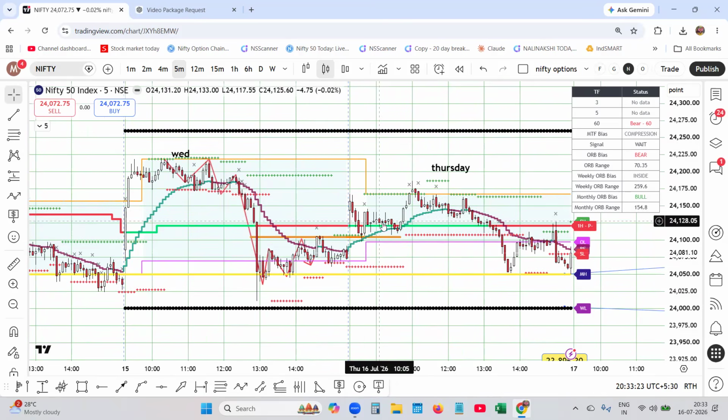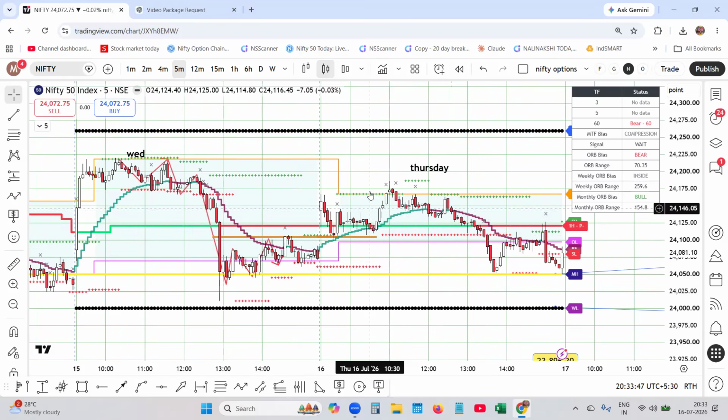after that it started coming down. The opening range was plotted over here, but the swing high also simultaneously starts plotting. You can see the swing high, the market breaking above the previous day swing high, making a high and retest and making a higher high. But today's opening range ORB, this purple color line, is the 30-minute ORB low.